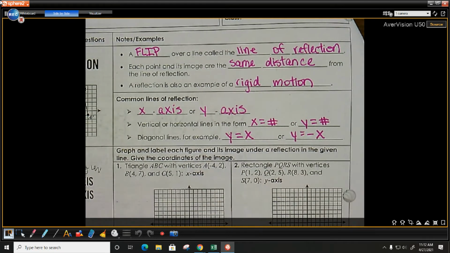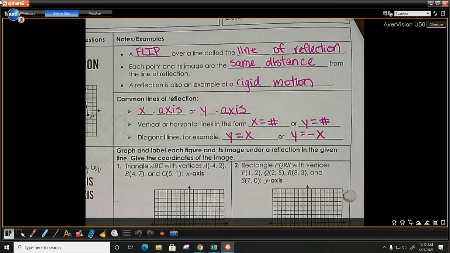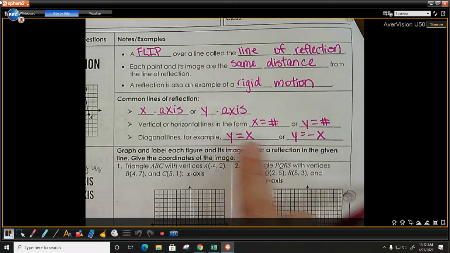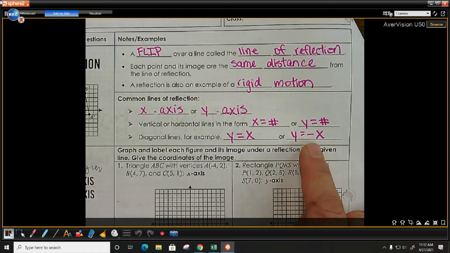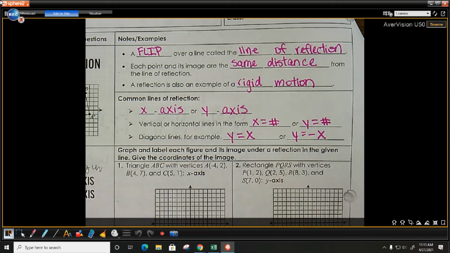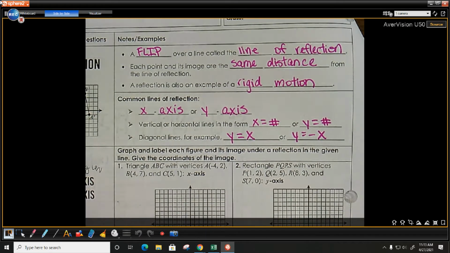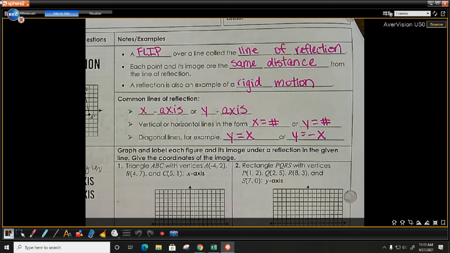Okay, those are the 6 different lines we are going to reflect over. Our y-axis, our x-axis, and then just any vertical line, which is an x equal, any horizontal line, which is y equals, and then our linear parent function, y equals x, and then the inverse of our parent function, y equals negative x. Okay? So, on these, does it have to tell you what you're reflecting over? Yes.